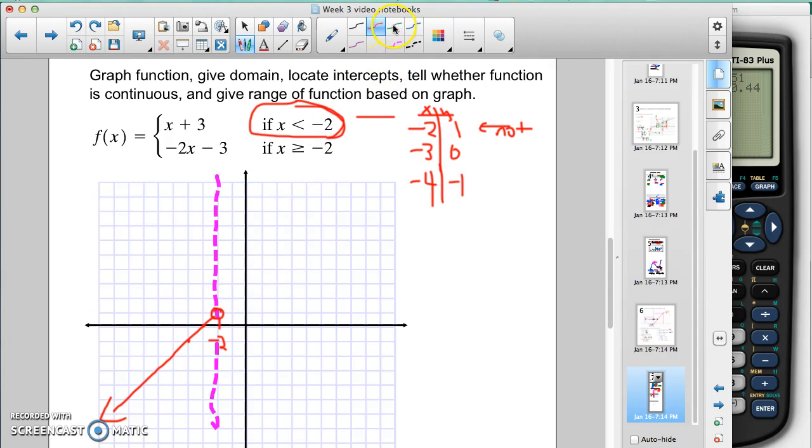Now on my second part of the graph, I'm going to start at -2, but I'm going to increase. So I'm going to make myself another chart here, an XY chart, or an f of x. I'm going to start at -2 again, but I'm going to increase my values: -1, 0.